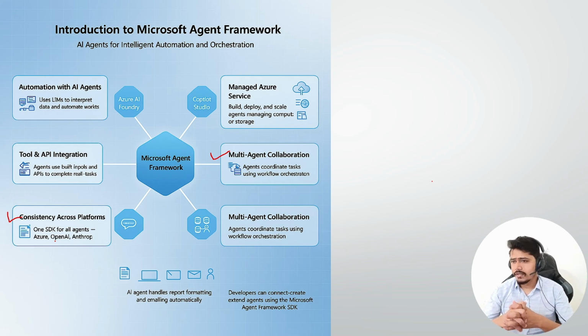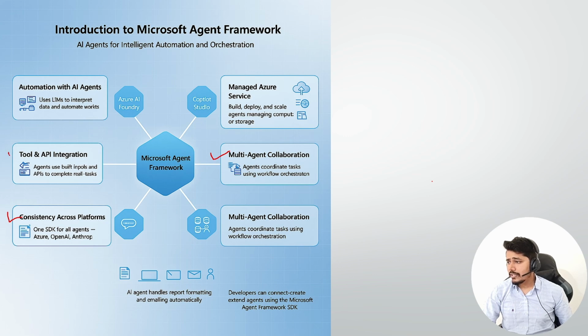Not only that, you can also leverage open source models like Gemini, and some models from Hugging Face. You can easily integrate them into the agentic AI framework provided by Microsoft. And as it is a unified SDK, you need to write the code once, and later on you can switch the knob to any model that you want to use. You do not need to change the underlying code as such.